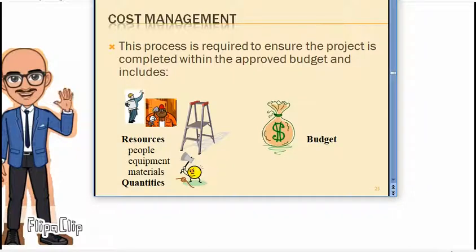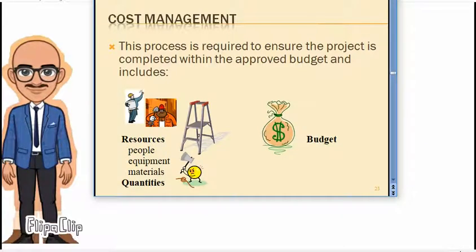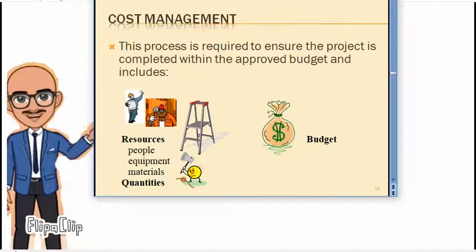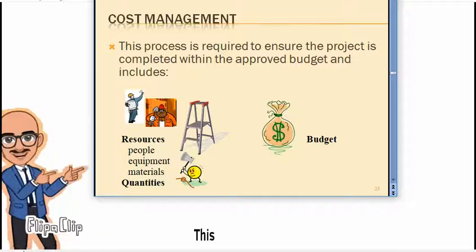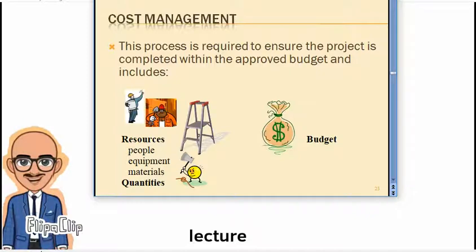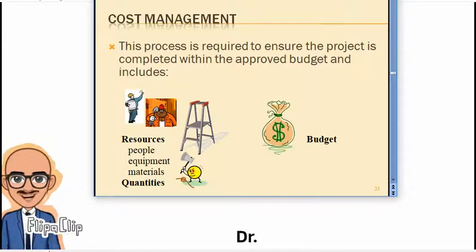Then it is very easy to calculate what kind of materials and what amount of materials are required to make the two-story building, and accordingly it can be purchased, and accordingly the budget can be made.